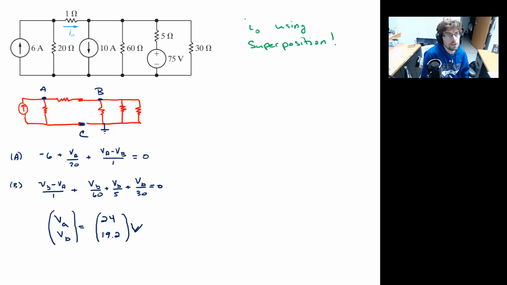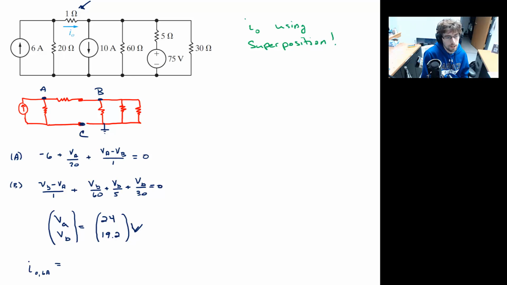Now, if we're just concerned with I naught, right here, I can find the contribution now. Right, the contribution to I naught from the 6 amp source is equal to the difference of those two, VA minus VB divided by 1.